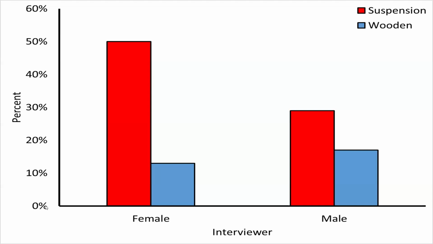But if you take a look at the female interviewers here, it was a massively higher number of individuals calling when they were approached by a female on the suspension bridge compared to any other situation. And very impressively, even compared to the female interviewers on a wooden bridge.